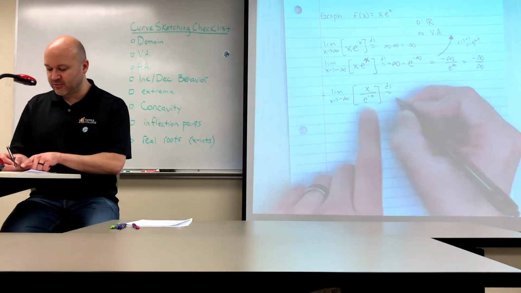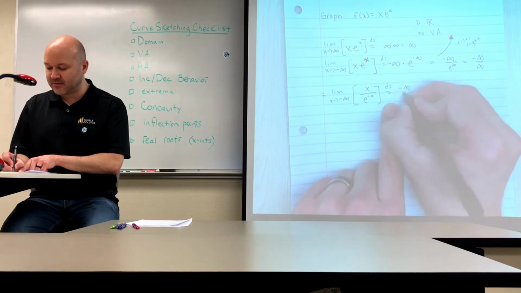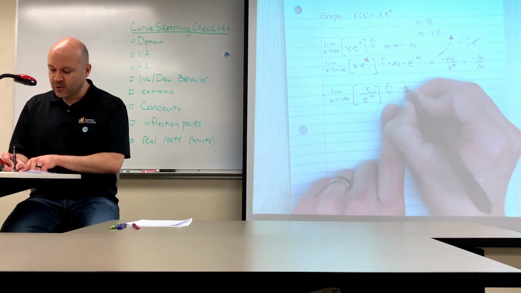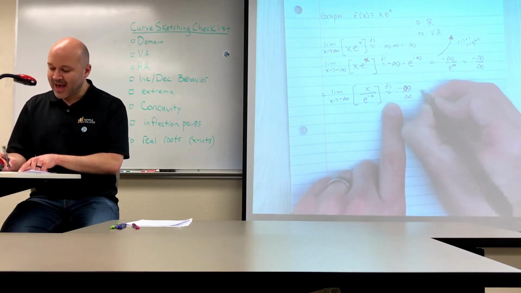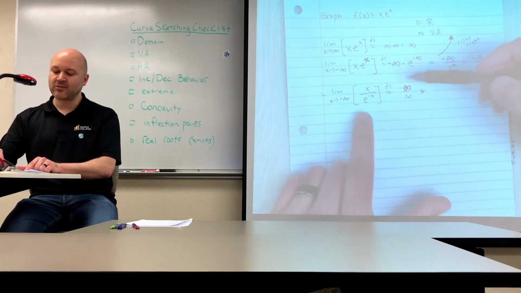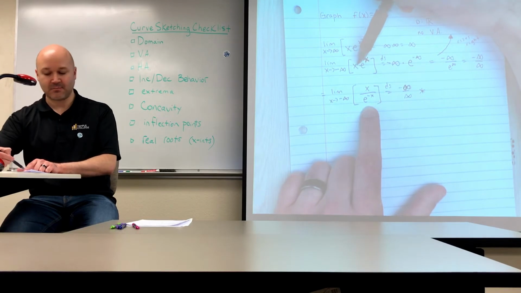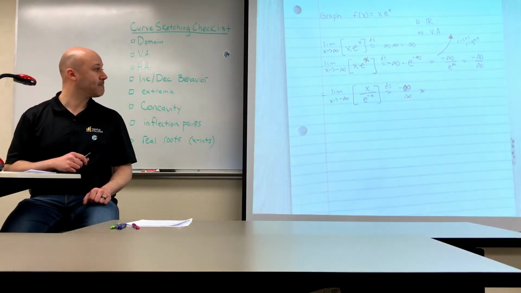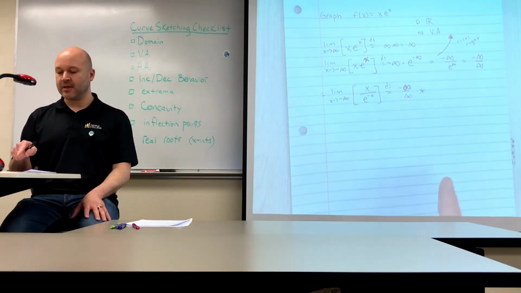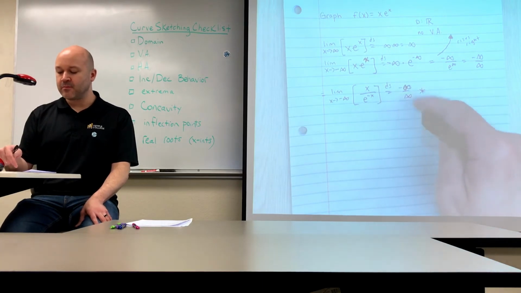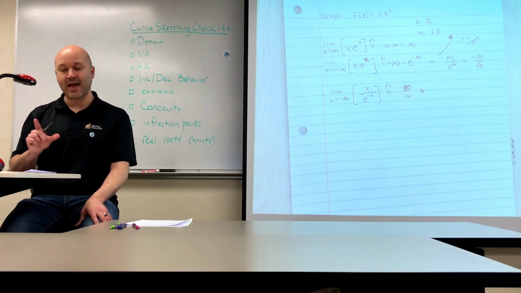And this is when I direct substituted and I got the negative infinity over infinity. For L'Hopital's rule to apply, I have to get a ratio indeterminate. And so I wanted to show that this is where that came from. Not the product, but from that ratio. Okay, if I get a ratio indeterminate like that, I can apply L'Hopital's rule.